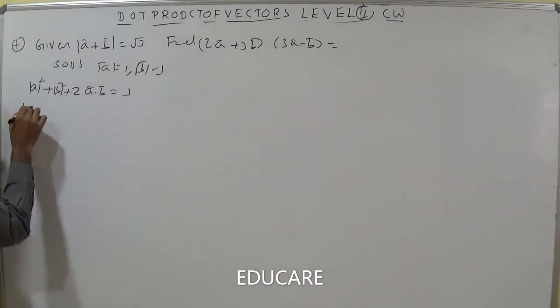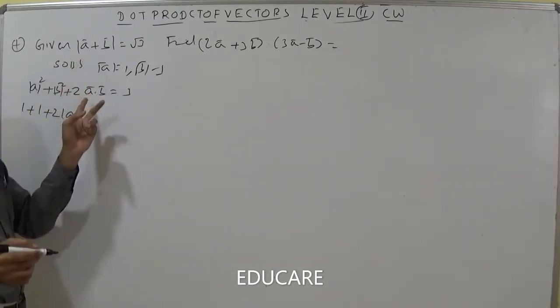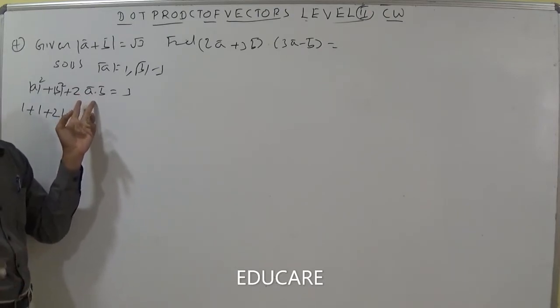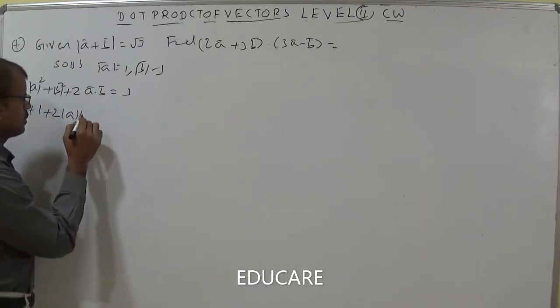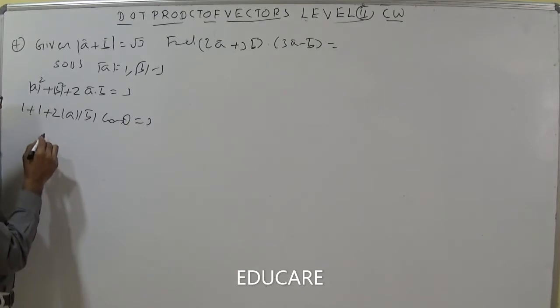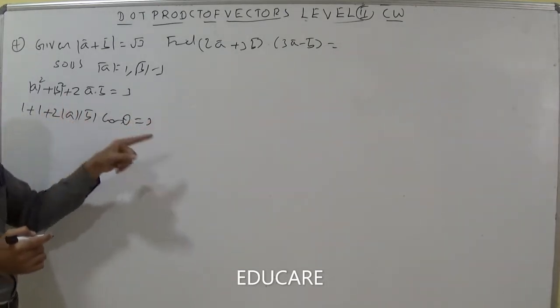You can write 1 plus 1 plus 2 into A bar dot B bar, which can be expanded as mod A into mod B into cos theta, is equal to 3. So 1 plus 1 is 2, taking that to the other side, it becomes 3 minus 2, that is 1.